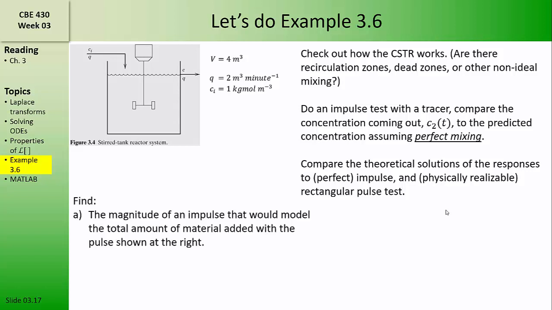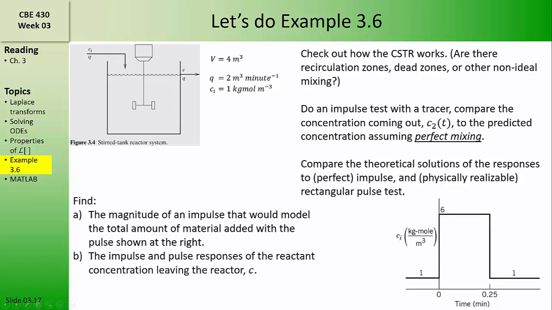Part A of the example asks us to find the magnitude of an impulse that would model the total amount of material added with a particular rectangular pulse input that looks like this. The concentration of the tracer entering the tank at steady state is 1, and then at time 0, the concentration of the tracer is suddenly increased to 6 for 0.25 minutes, or 15 seconds.